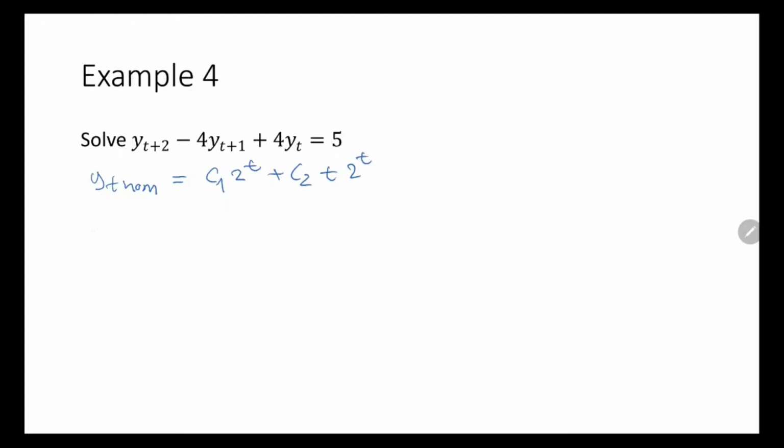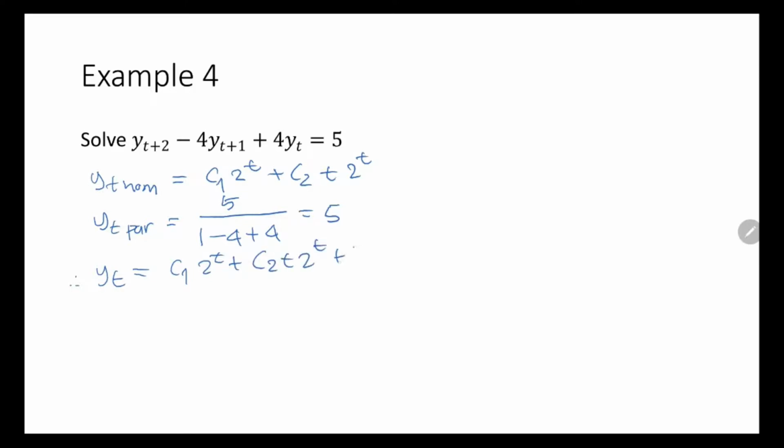And the particular solution is equal to 5 over 1 minus 4 plus 4, which is equal to 5. In this case, the solution is the summation of the homogeneous solution and the particular solution.